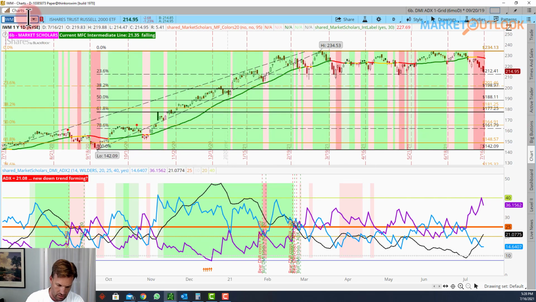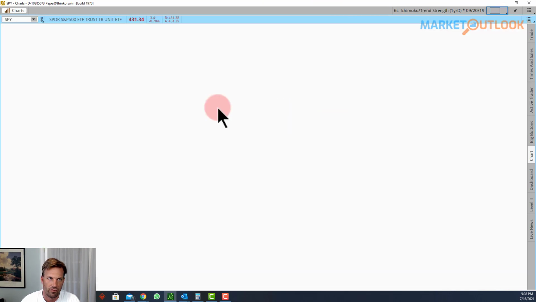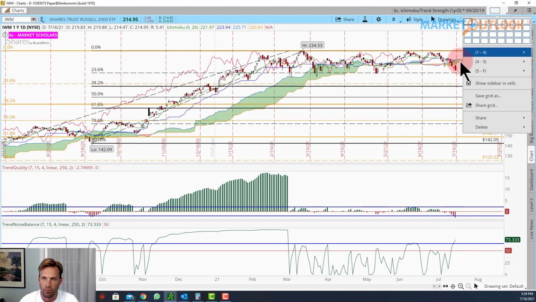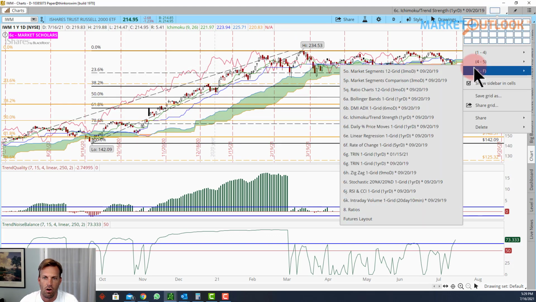Let's see, where's the trend strength indicator? There we go for the Russell 2000. We are now below -2. We're above 65, so we are in intermediate trend mode. We're below the cloud. The green line's below the blue line, which means the midpoint of the 9-day range is below the midpoint of the 26-day range. So all across the board, bearish indicators.